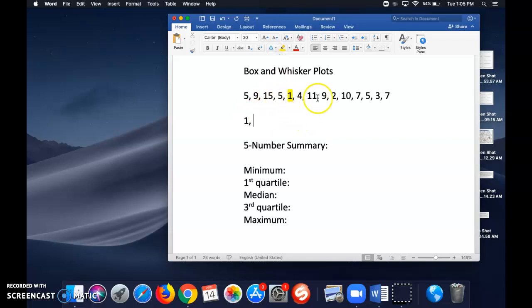Then I see a 2 right here. Again, this takes a little time. I see 1, 3.